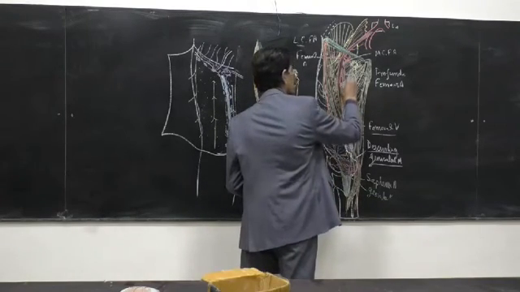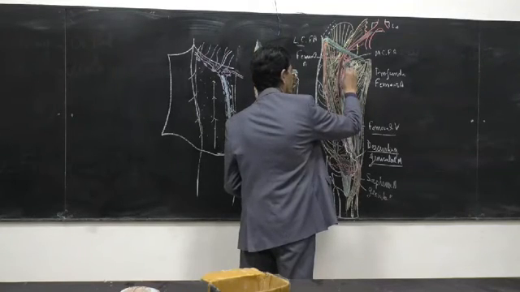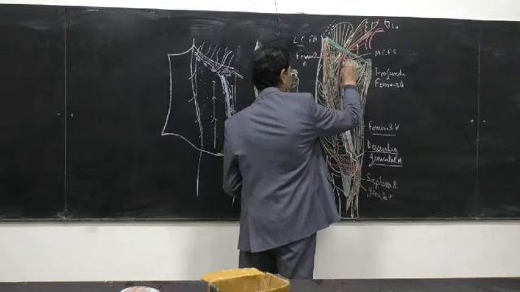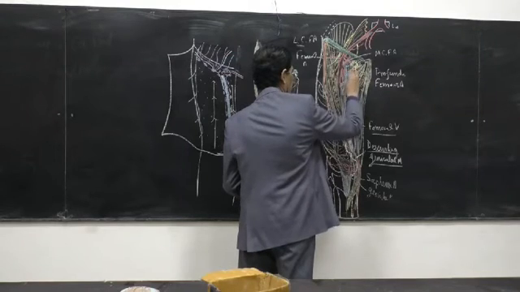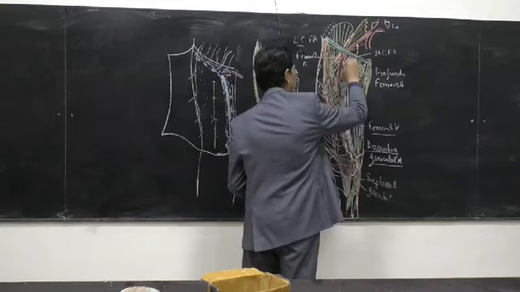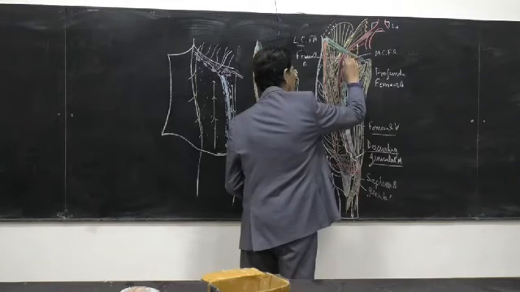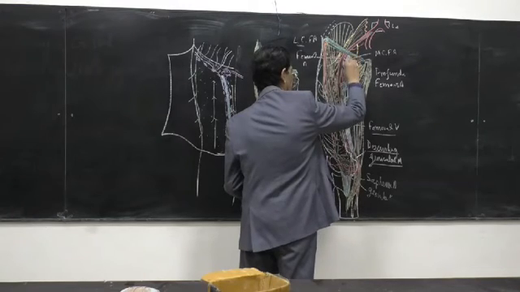And this femoral vein also receives the profunda femoris vein, which is accompanying the profunda femoris artery. Then this femoral vein, lying medial to the femoral artery, reaches the inguinal ligament.